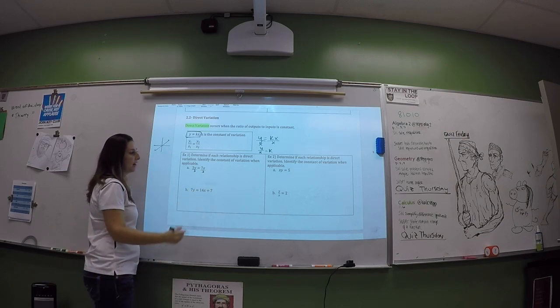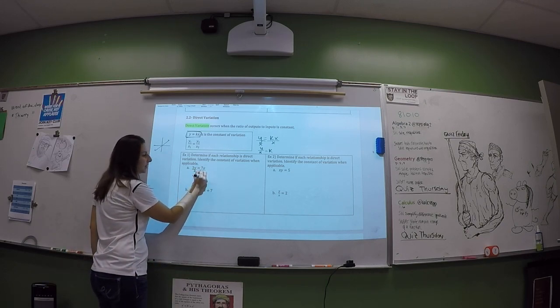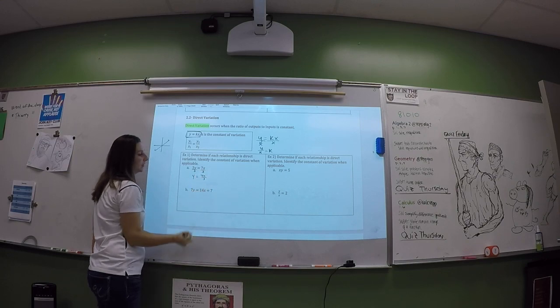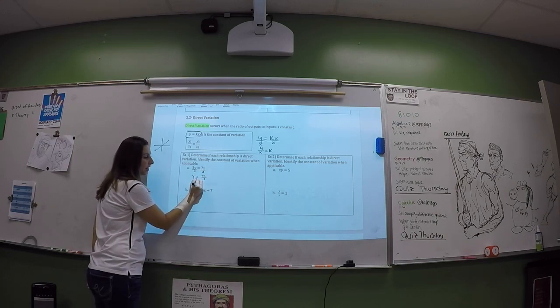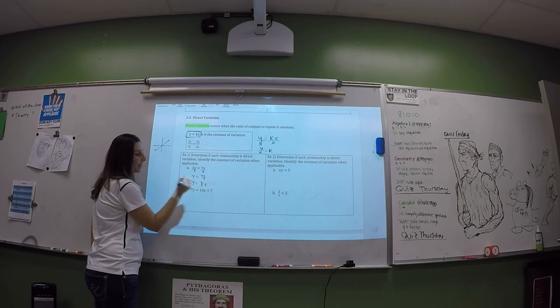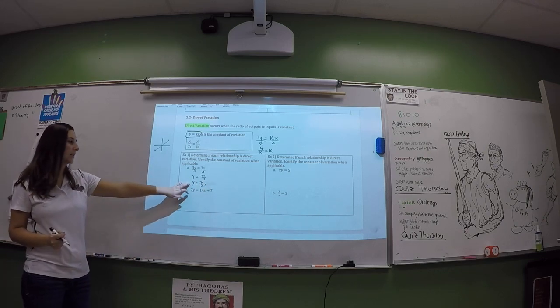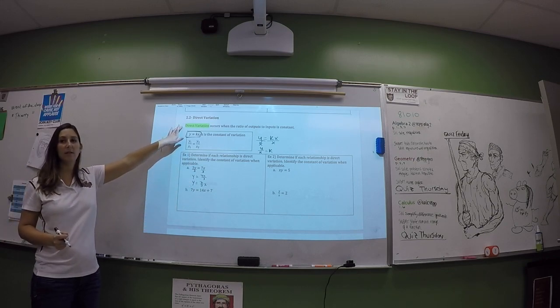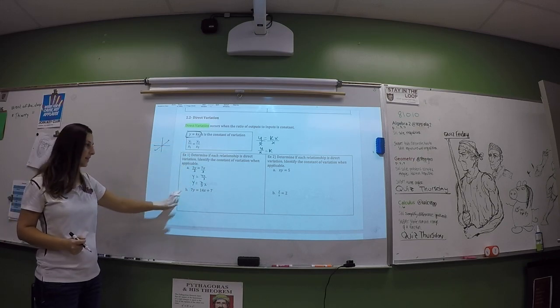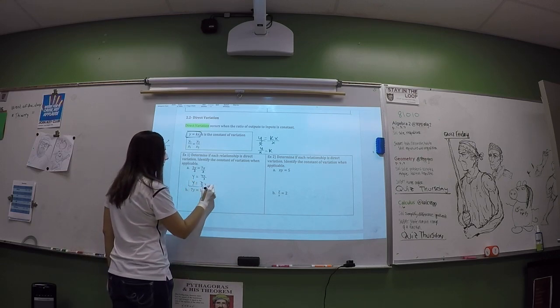Now, this says 7x over 3. Can we make that look like 7 over 3 times x? Is that allowed? Yes, that's allowed. Is this direct variation? Yes. So this is a direct variation.